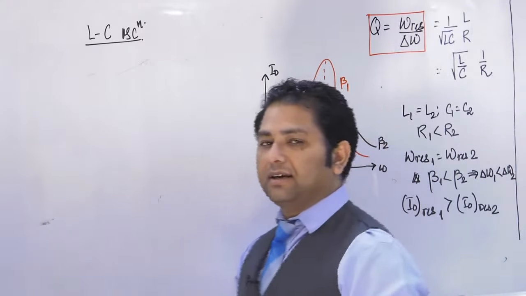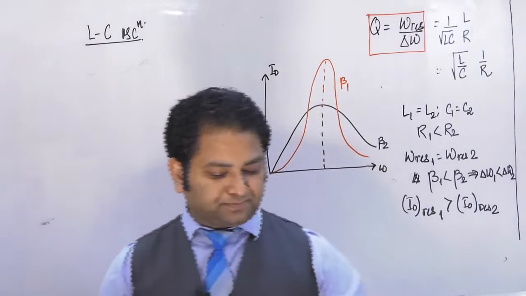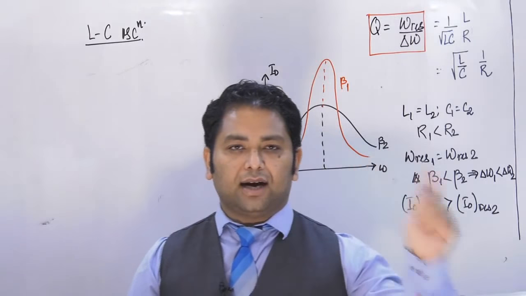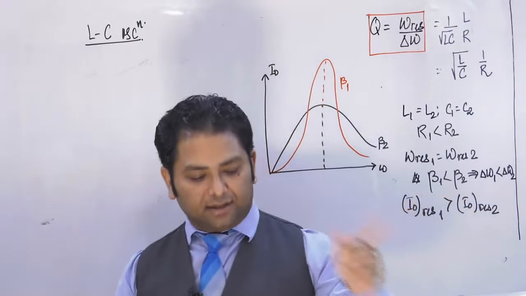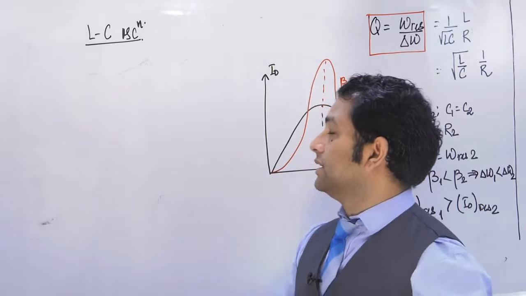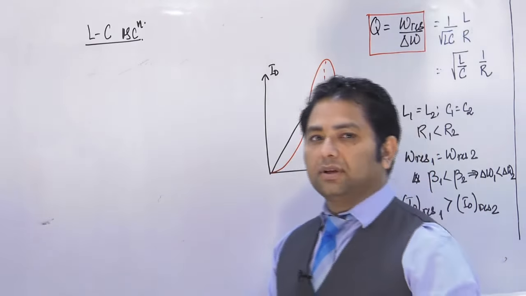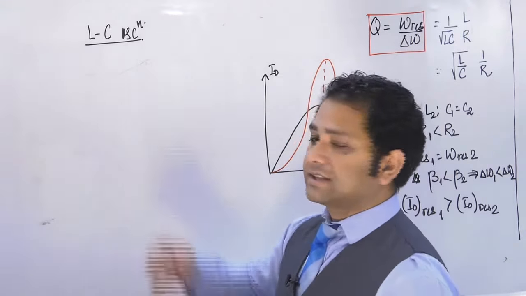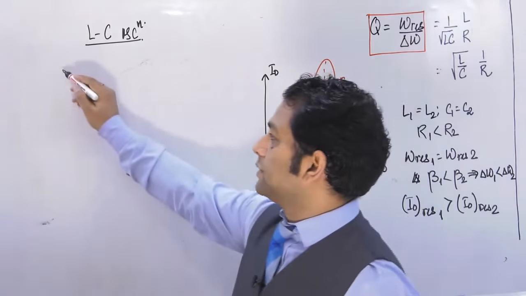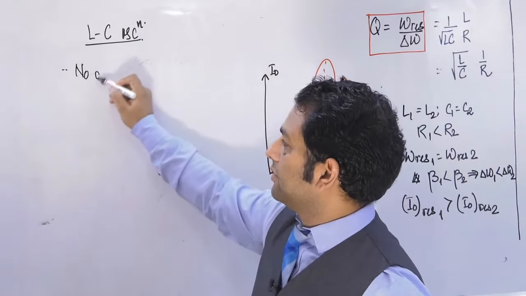No AC is involved there. RL and RC combinations have been done, and this is the LC combination. The first characteristic feature, all of you know, is that in an LC circuit, since resistance is absent, there would be no damping.